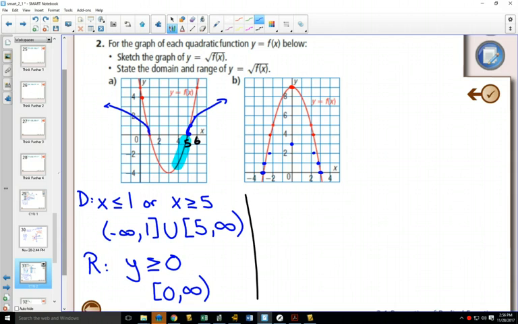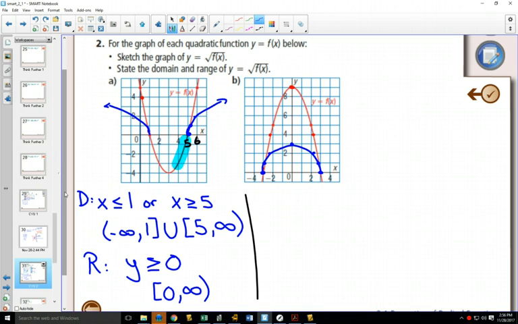Between 0 and 1, your graph has to be slightly above the red graph. So if you picked a point on your red graph there, on the blue graph, it's got to be straight up from that. It's hard to do on the smartboard. So again, this is going to look like that. And it's really hard to show that it's above the line when it's so steep.